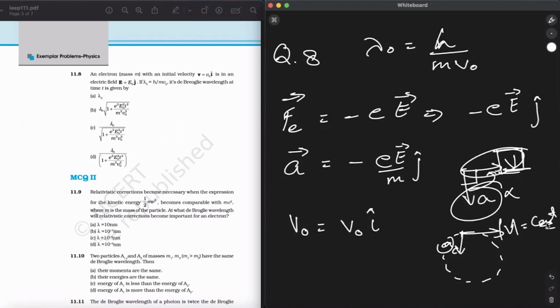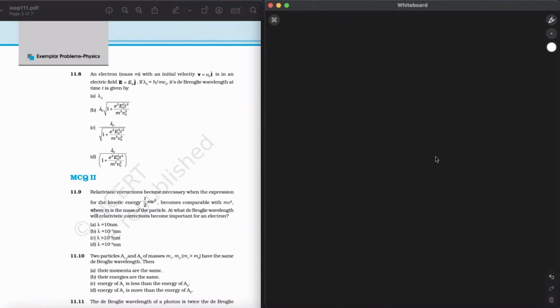So in the x direction, there is no change. Now we have to consider the y direction. Along y, the initial velocity is 0, vy equal to 0. But acceleration along y is there, equal to minus eE naught upon m, with a minus because this is minus j.